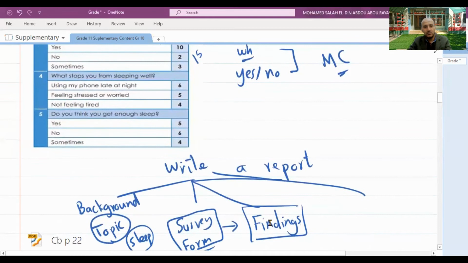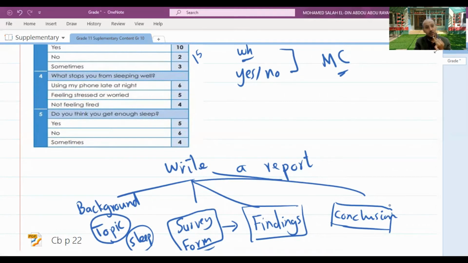The last paragraph, or the last section of the report, is the conclusion, the end. What do you want to say at the end of this survey? I would like to say that grade 10 students don't sleep well. They need to get enough sleep, and you can give some advice.